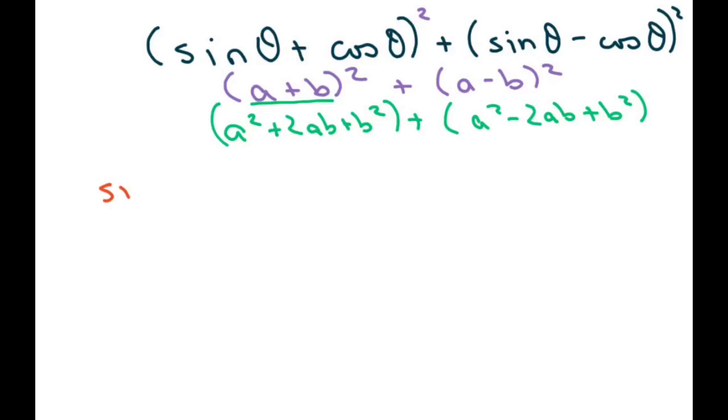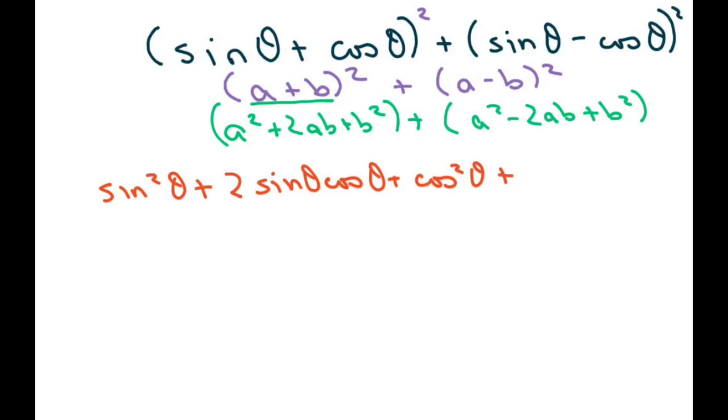So I'm going to get sine squared plus 2 sine cosine plus cosine squared of theta. And this one's going to be plus sine squared, minus 2 sine theta cosine theta plus cosine squared of theta.